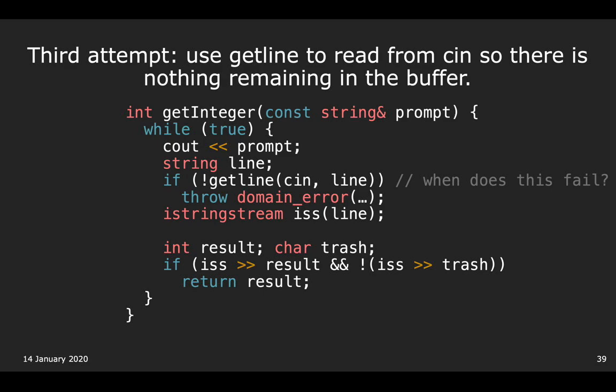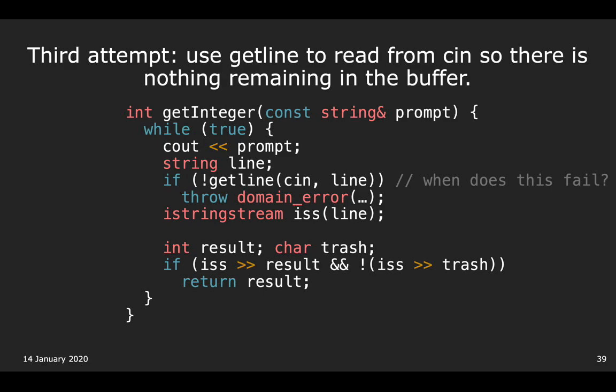All right, while you're still talking, are there any questions right now? What's the double ampersand in the if statement? Oh, the double ampersand. That's just logical and. So we're going to try reading in result. If that fails, because this is an and, if one of these fails, then you skip the second one, and if you skip the entire thing, then the return statement doesn't run, and you go back to the top of the loop again.